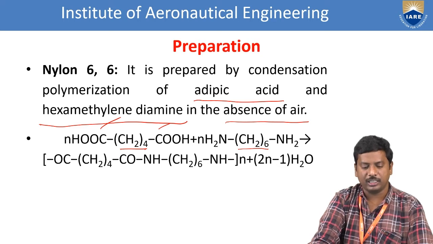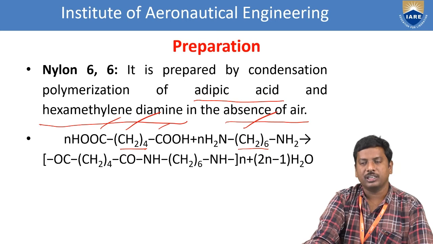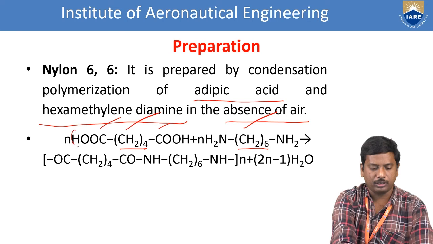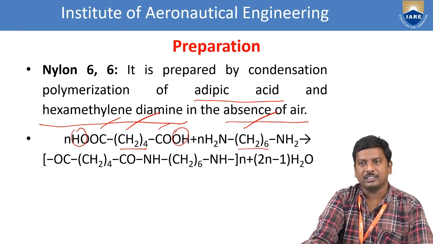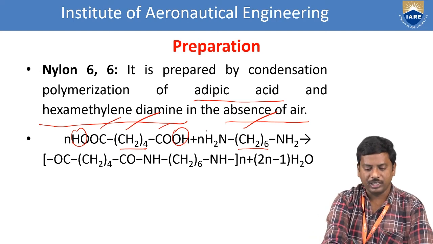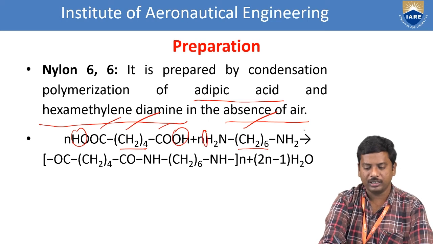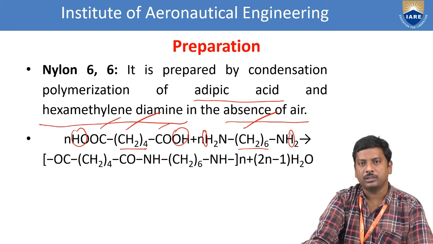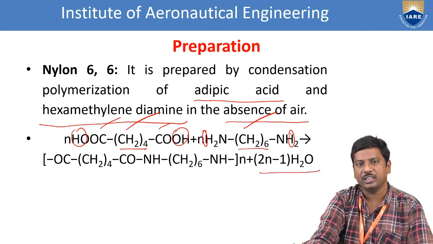When you see the reaction, adipic acid reacts with the diamine and dehydration takes place. That means the OH from the adipic acid reacts with the hydrogen of the amine group, releasing 2n minus 1 moles of water.